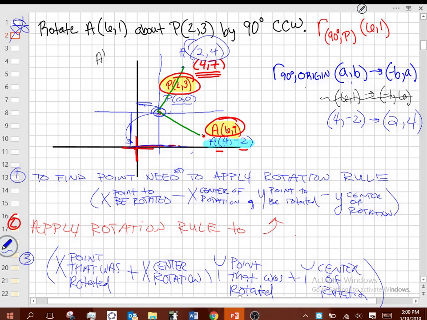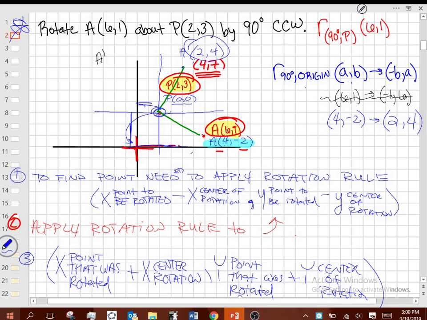And that would be a rule to get the point that you're going to rotate. You then rotate it, and that generates this new point that's been rotated, and then we add back in the center of rotation, which would be x2 and y2. So we could come up with rules based off the x1, y1, x2, y2, that kind of thing. I think it's more explicit writing the words out, especially the first couple times we've done this.